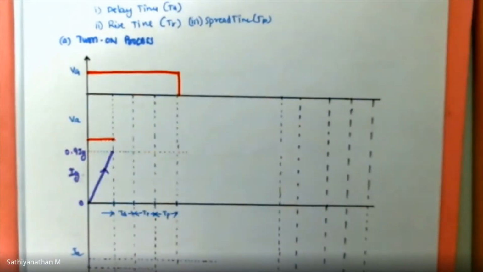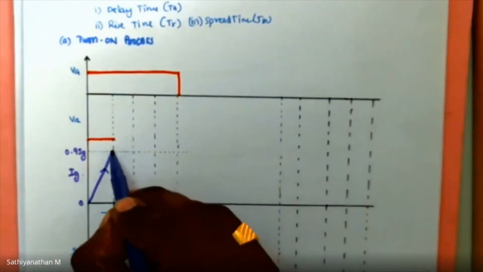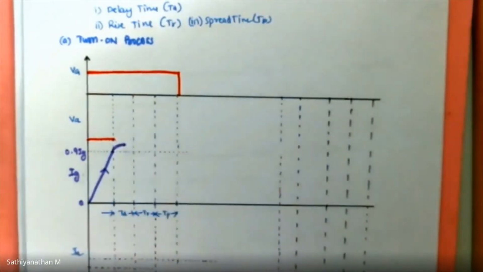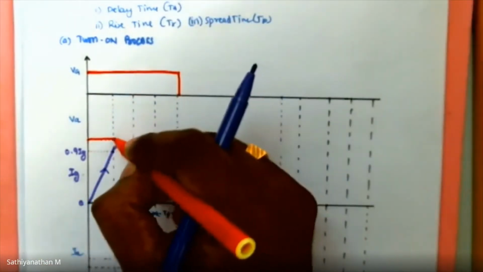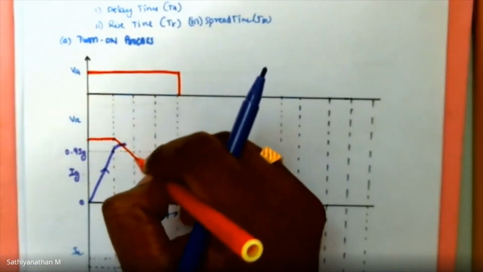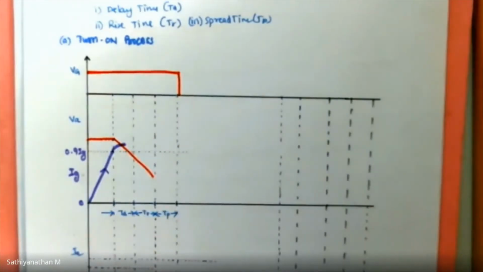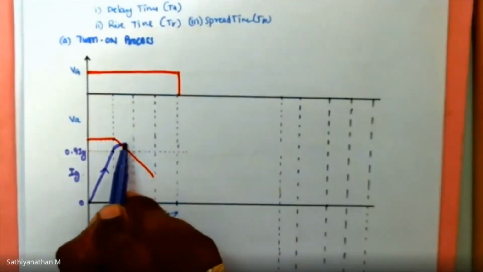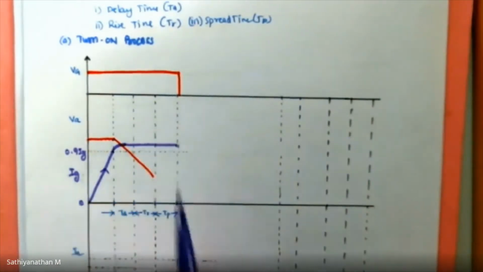Still your device is off. Once your gate current goes beyond this limit, your anode voltage gradually starts to decrease, and this gate current is maintained throughout the time period.